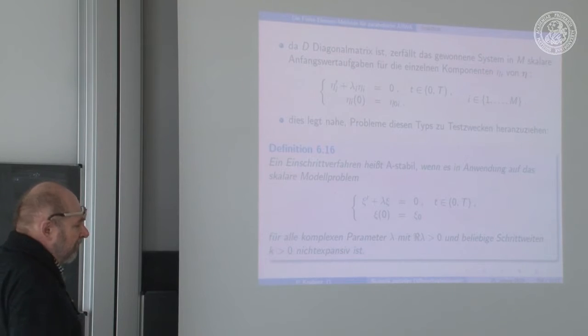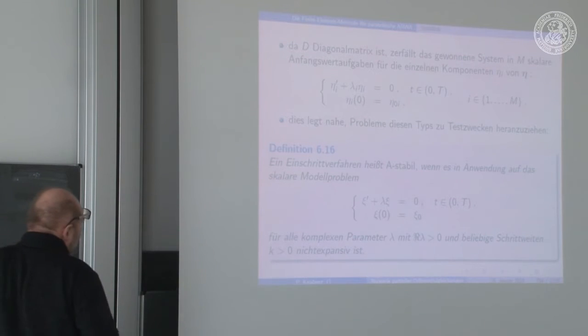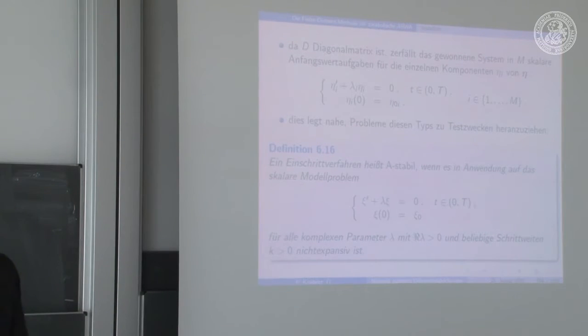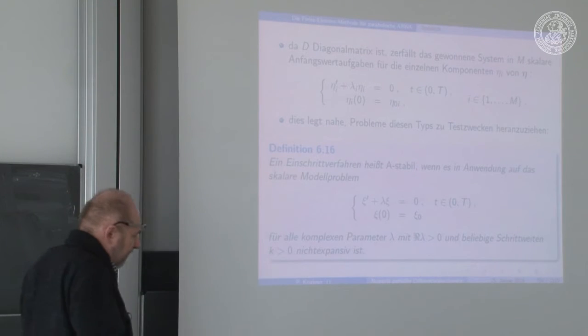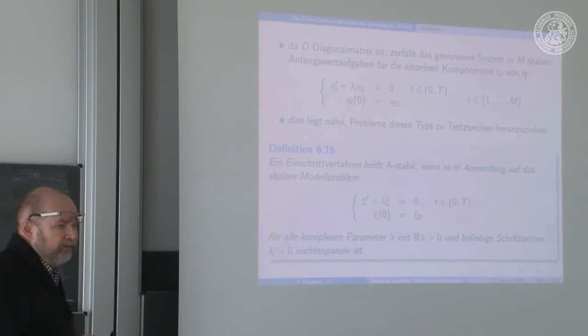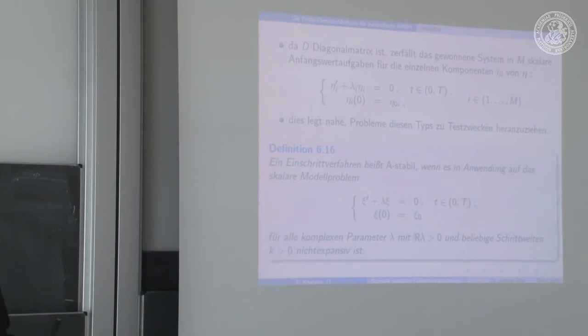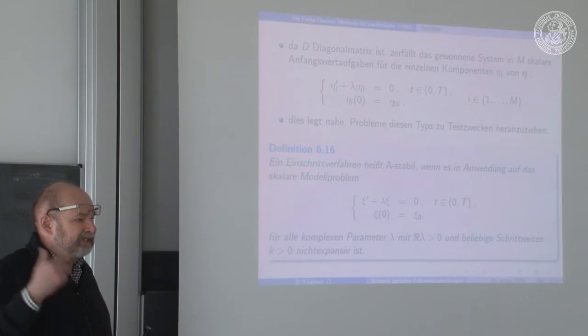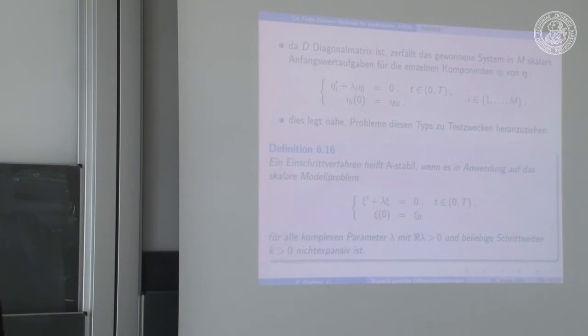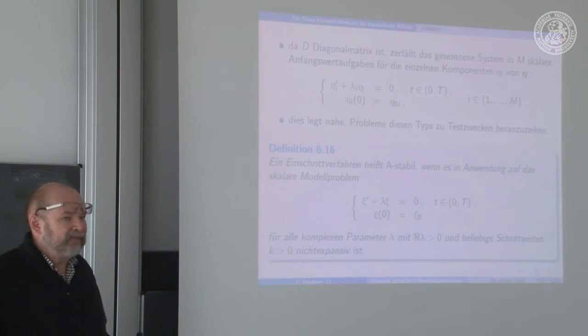Why are we only looking at the real part? If we look at the corresponding solution component in the ODE system, and we have a complex eigenvalue, we would have the complex exponential function, e to the minus lambda plus i, the imaginary unit, times mu, multiplied with t.